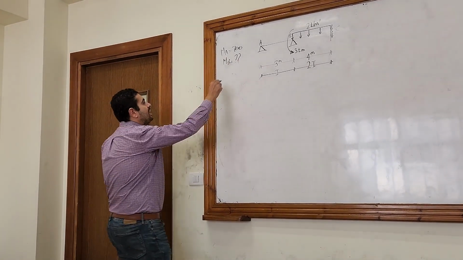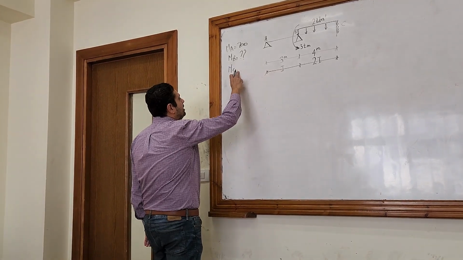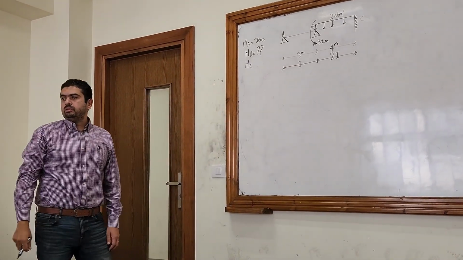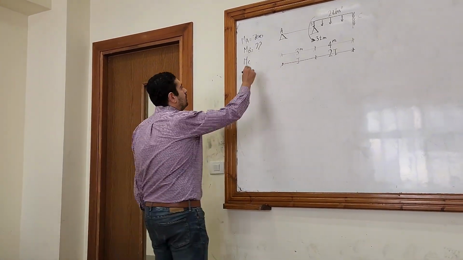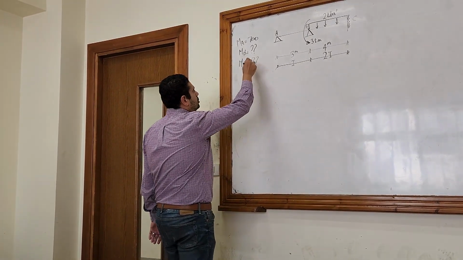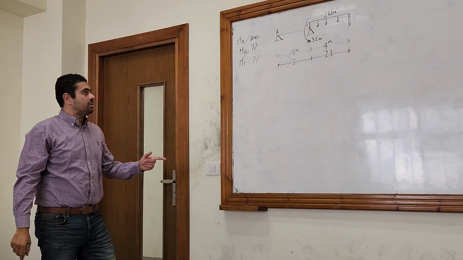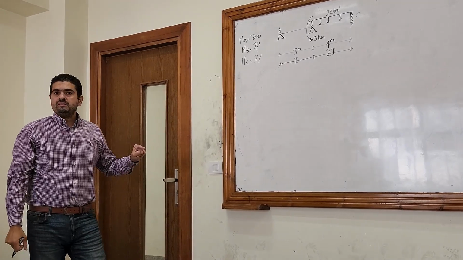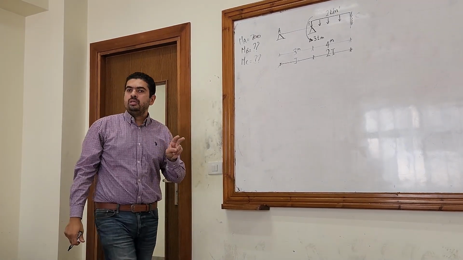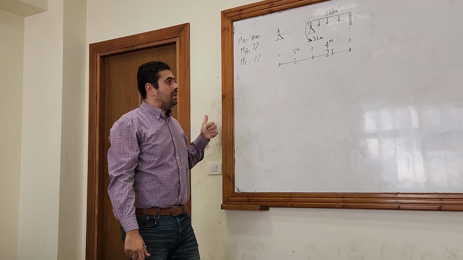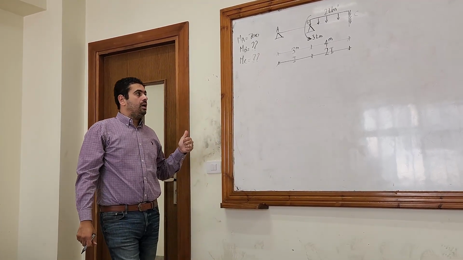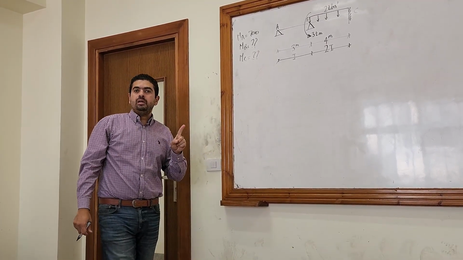What about the moment at C? C is a fixed support, so it's unknown. That's what I was talking about 2 minutes ago, that now in this example I have two unknowns. In the last two examples, the last lecture, I had only one unknown.